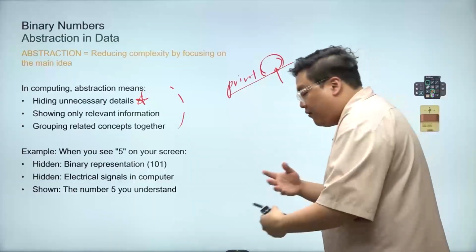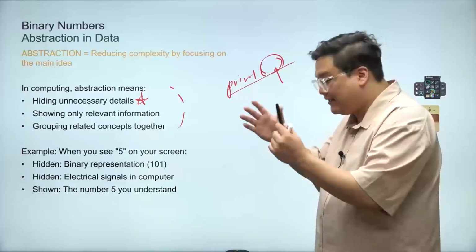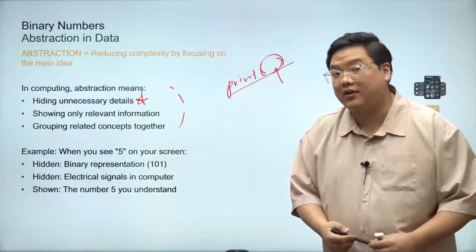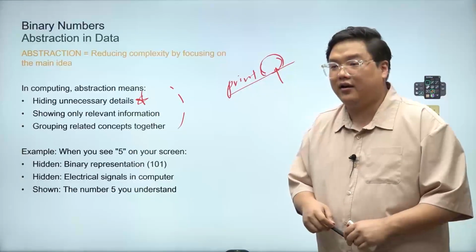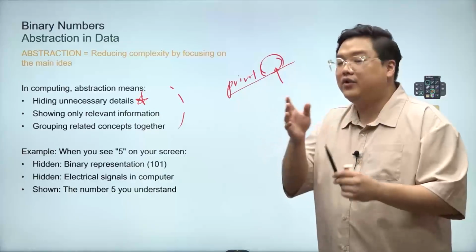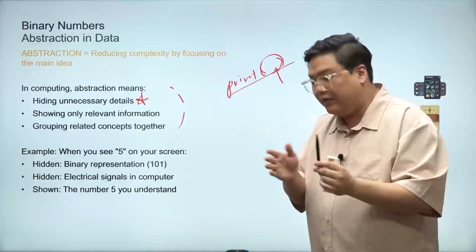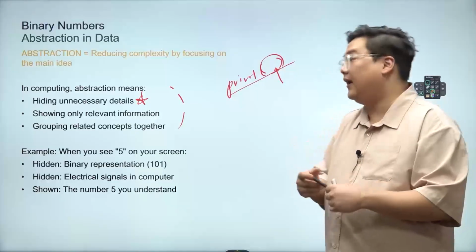Whatever happens behind the scenes, we don't need to know about. That concept is called abstraction, okay? Like if we put a number in a calculator, we don't need to know how the calculator does that, right? We just worry about what numbers we put in and what output we get.